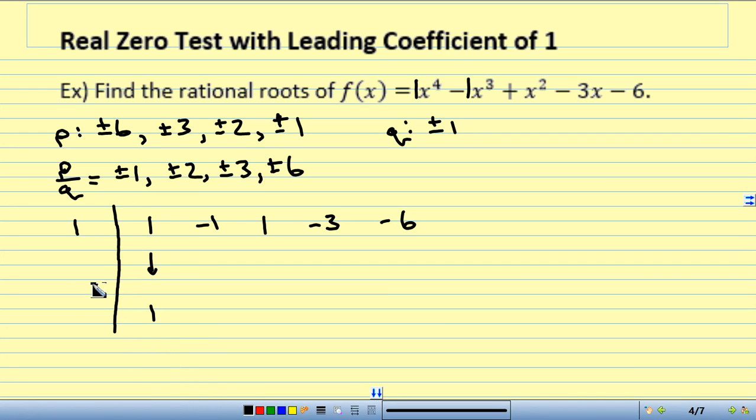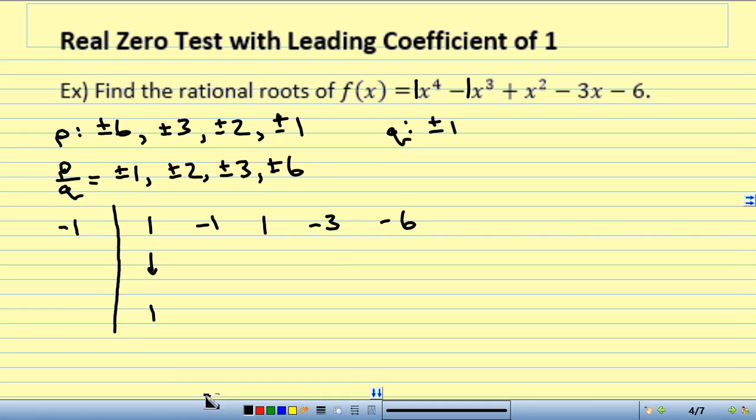And I know it sucks, but whatever, can't do much about it. So 0, 0, 1, 1, and I got negative 2, 1 and negative 2, negative 2. Well, guess what, you guys? It's not 1. So I can get rid of 1. But we've got to try negative 1.